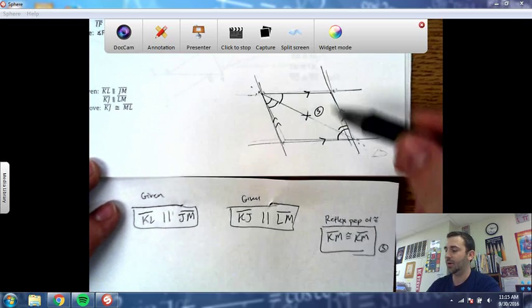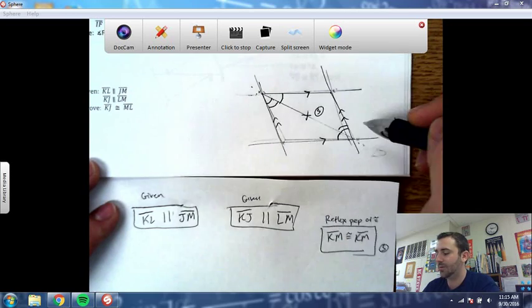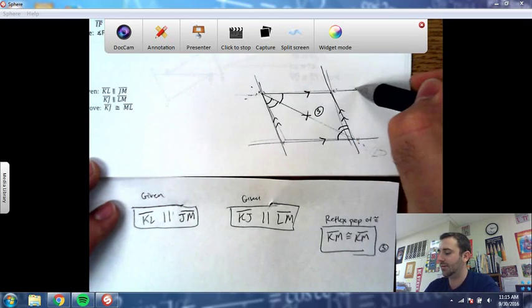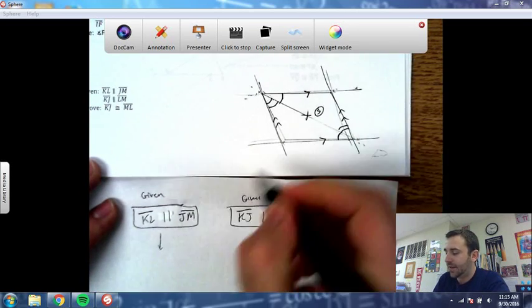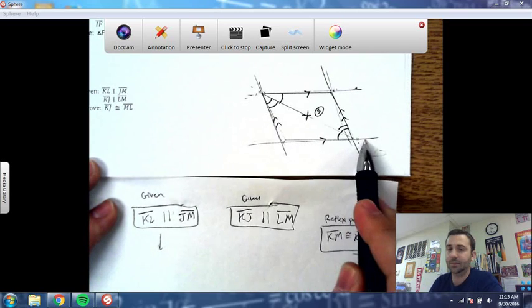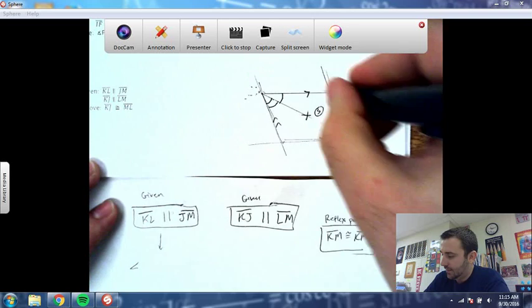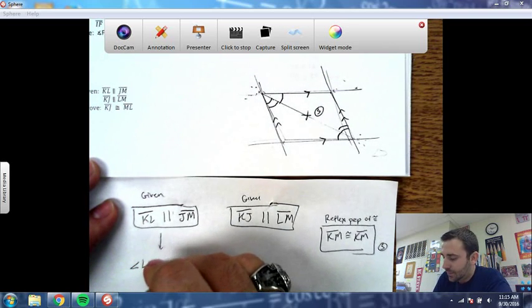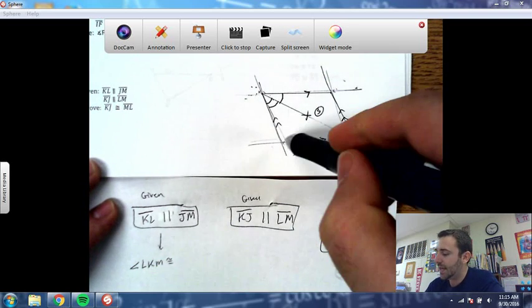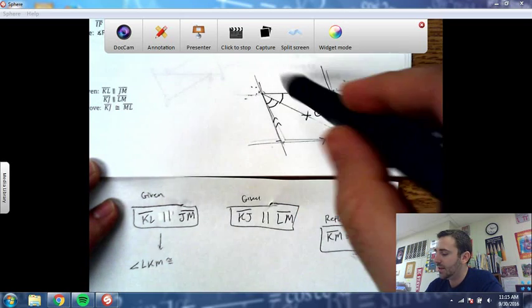The parallel lines, we showed that for the KL and JM parallel line pair, that angle LKM was congruent to angle JMK.